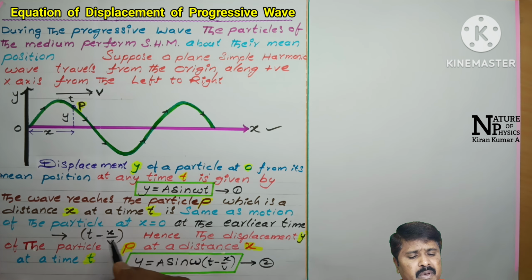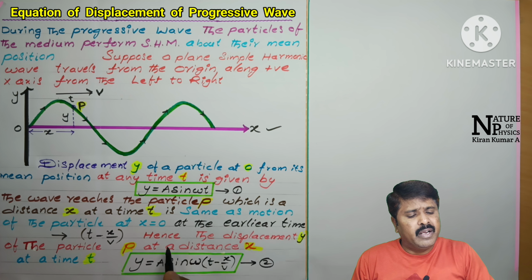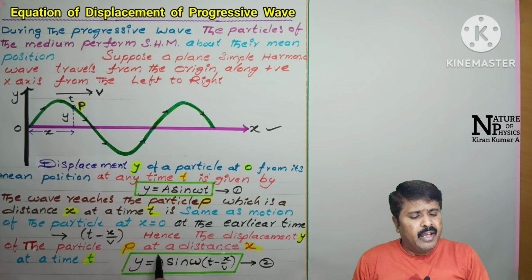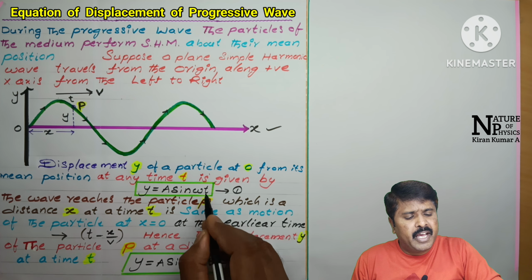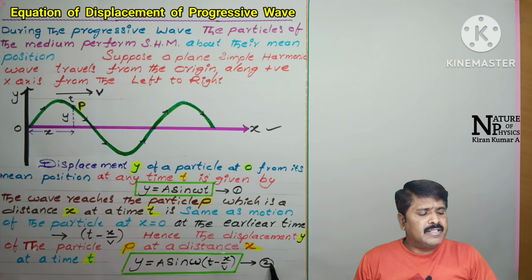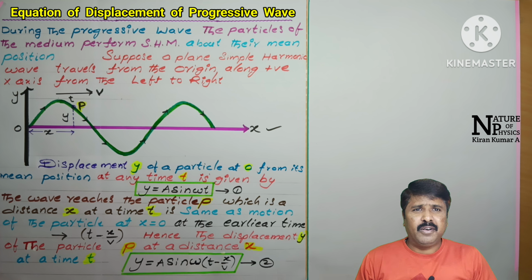Replacing this value in equation 1, the displacement y of the particle P at a distance x at a time t is given by writing t minus x divided by v instead of t. This is equation number 2.